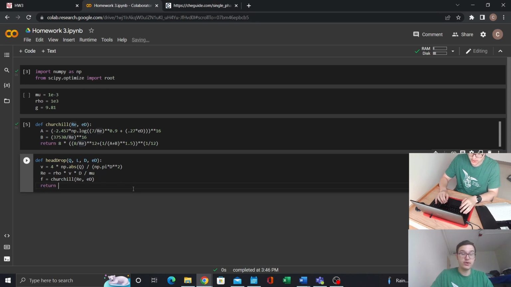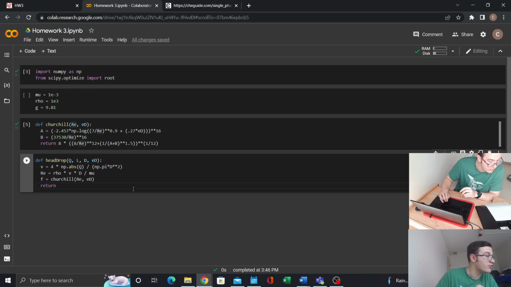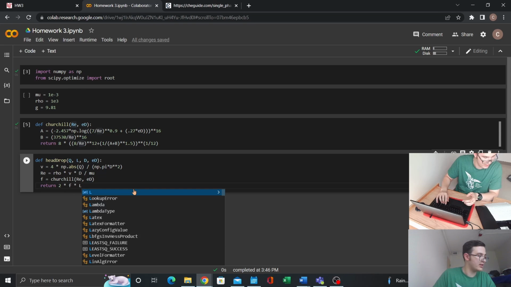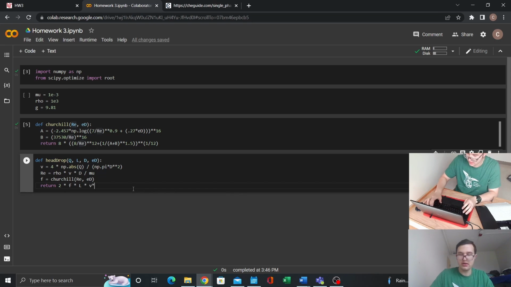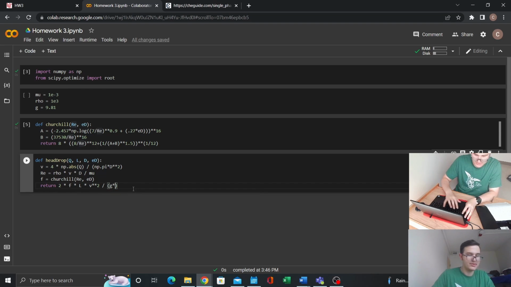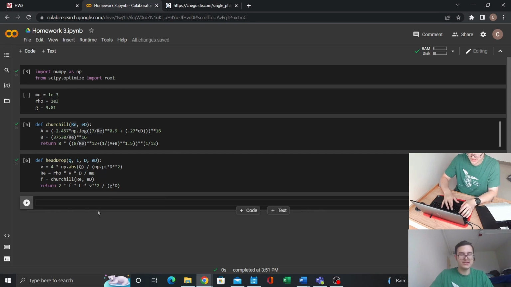And with all of that done, we can return the value for the head drop. The head drop is equal to 2 times F times the friction factor times the length times V squared divided by the gravitational constant times diameter. Good.